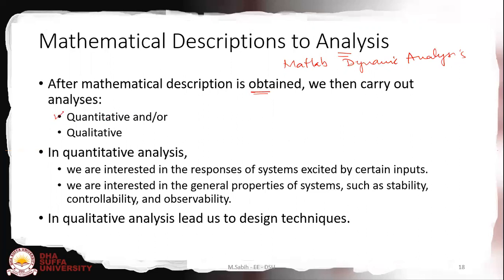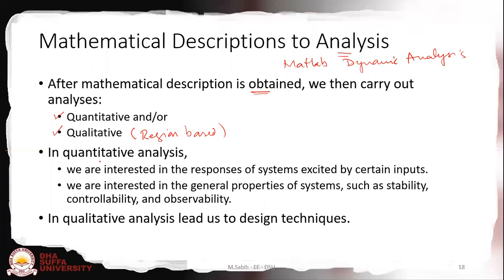We can do both the quantitative analysis and the qualitative analysis. Qualitative analysis is basically region based analysis. We may say that for this range it will be stable, and for this range it may not be stable.